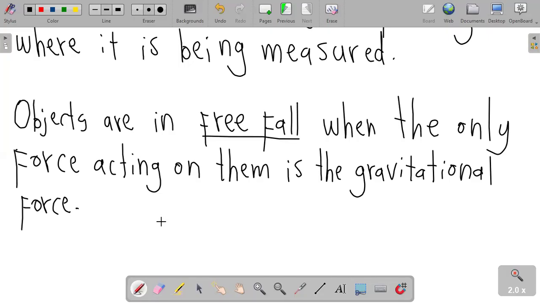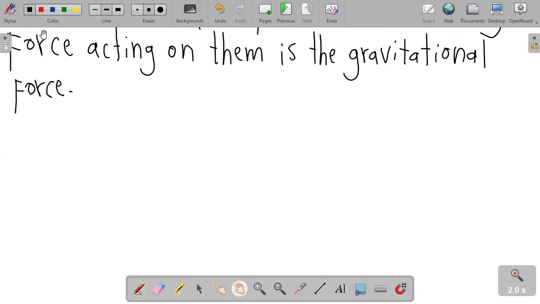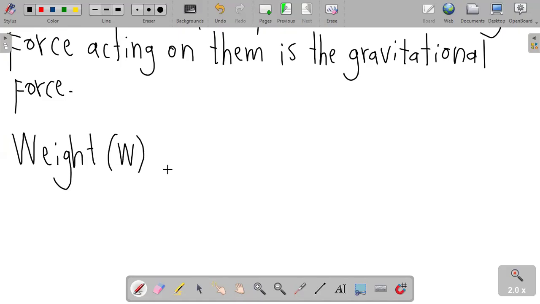So now, weight has a formula. Weight, which we denote by W, has a formula and it can be calculated.